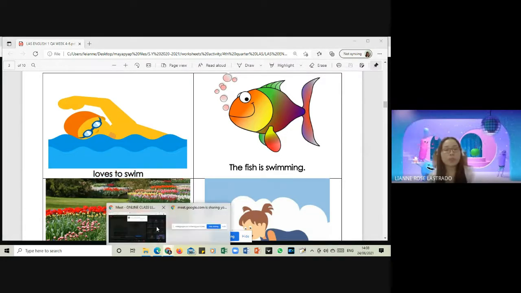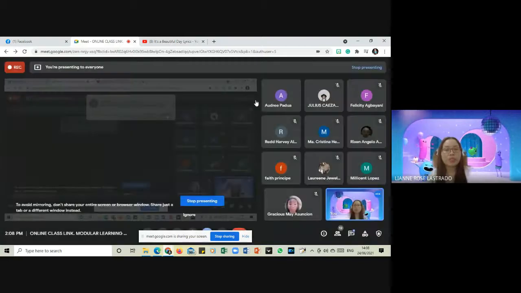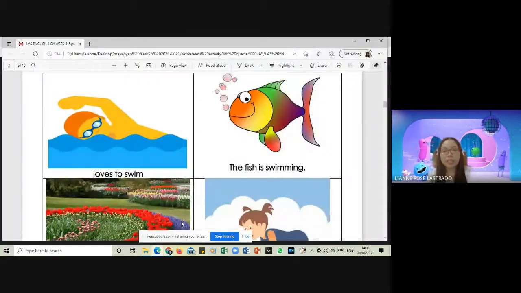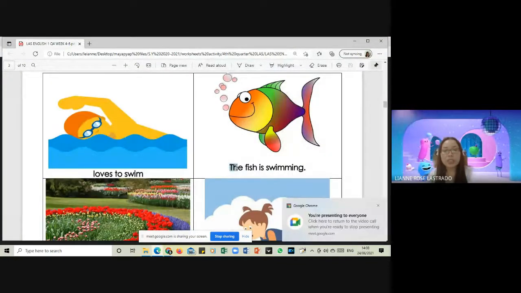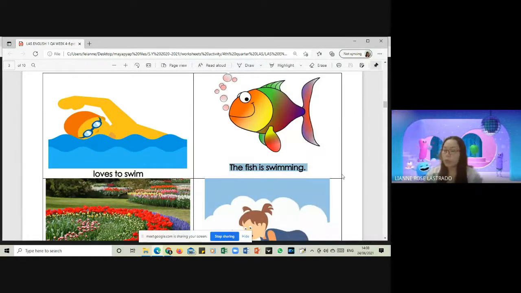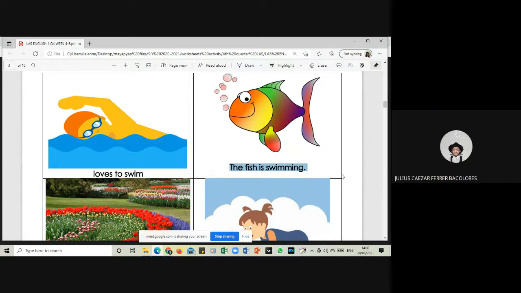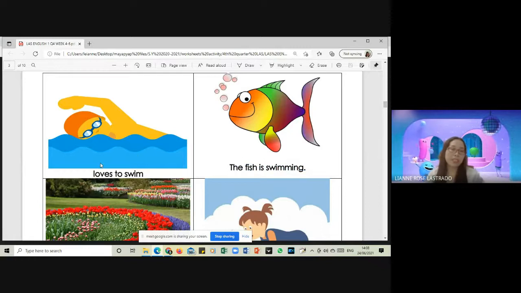Julius Caesar, go. The fish is swimming. So the first group of words says loves to swim, and the second group says the fish is swimming.